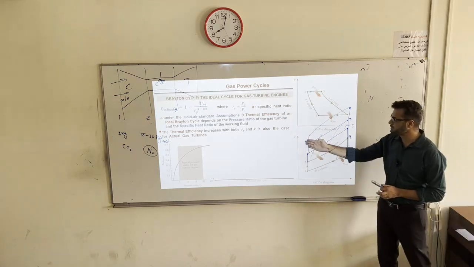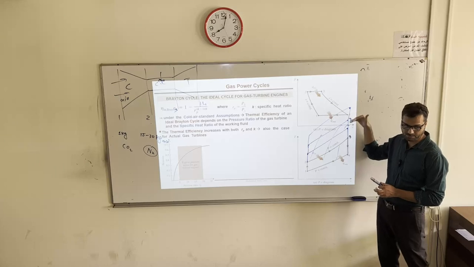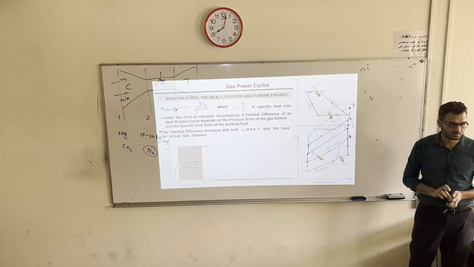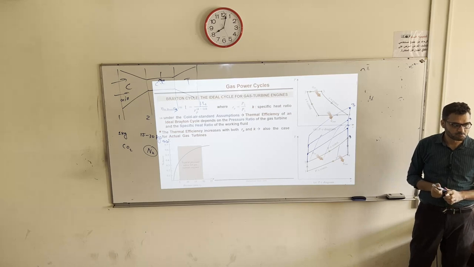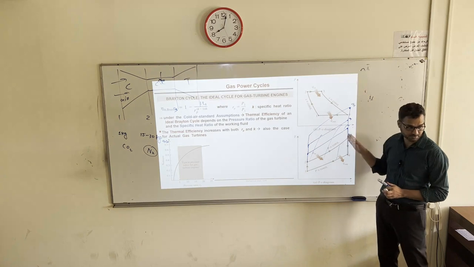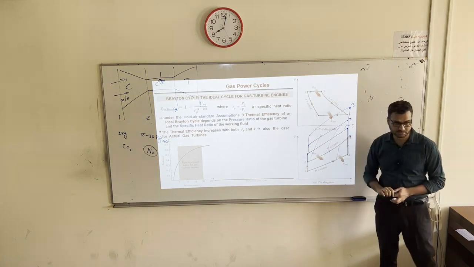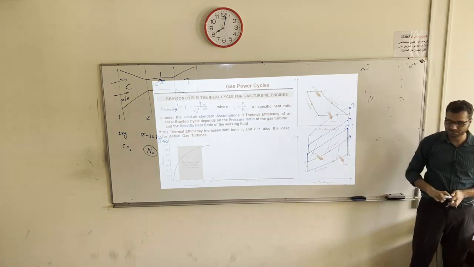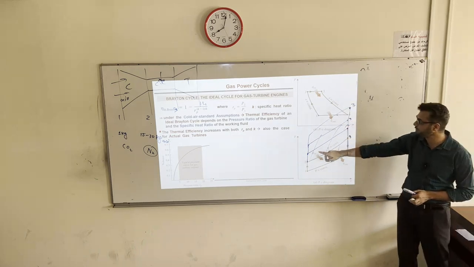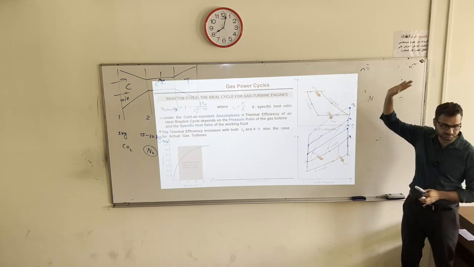By increasing compression ratio, efficiency is increasing, but at the same time you have to see where point 3 is going. Compressing the air is not so much work, but this work is coming from the same turbine, so a major portion is also going there. So this curve is only for the ideal cycle, where you have no restriction on point 3.